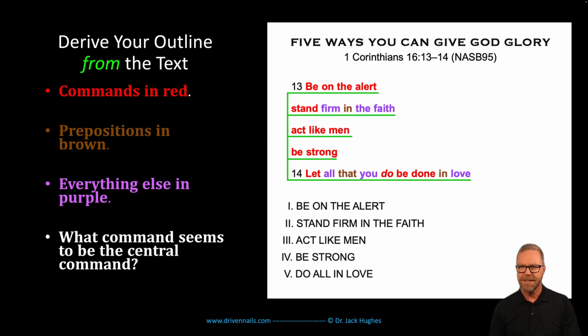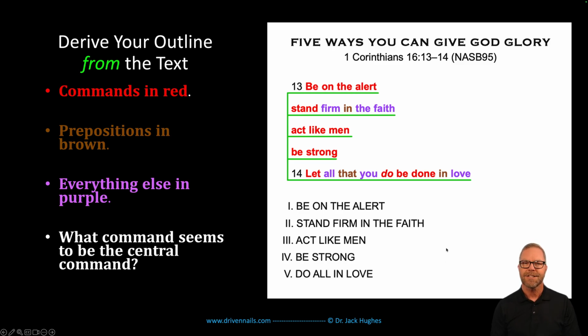So 1 Corinthians 16:13-14: be on the alert, stand firm in the faith, act like men, be strong, let all you do be done in love, which was not part of your assignment, but I'm just including it. So notice how the outline points here all come from the text. They're just repeats of what the text says. In this last point, do all in love, I just summarized or shortened what this text is saying. Let all that you do be done in love. I just put do all in love. But notice how each point comes from the text.